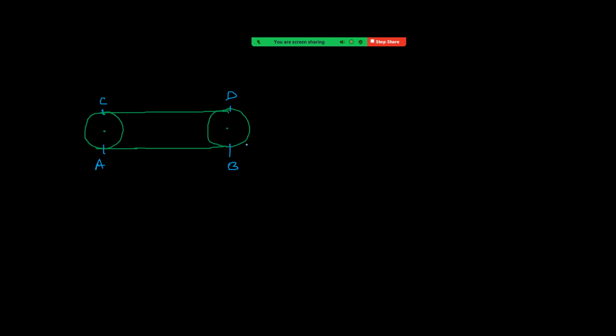CD has velocity 2v, because we have learned that whenever a body rolls without slipping on the ground, if velocity VCM is v, then for the topmost point the velocity is 2v, and for the bottommost point the velocity is 0. So we are taking the same logic here also.